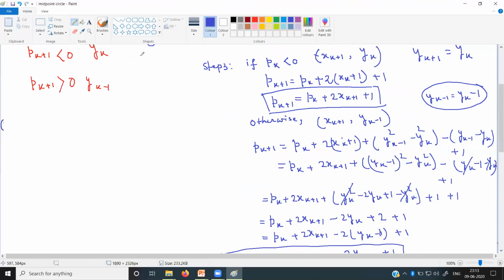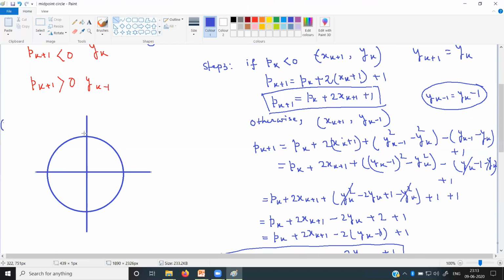If you see the circle which we will draw, this circle is divided into octants: this is octant 1, octant 2, octant 3, octant 4, octant 5, octant 6, 7 and 8.